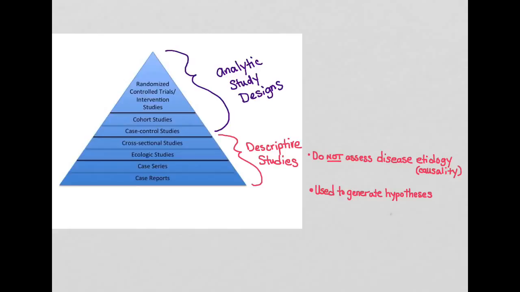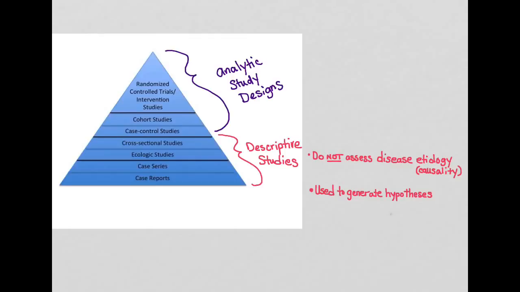And they provide more evidence for a causal relationship between the exposure and disease as you go up the hierarchy. So these bottom four study designs are called descriptive studies, and they simply describe the relationship between the exposure and the disease, but you can't infer that there's a causal relationship between those.